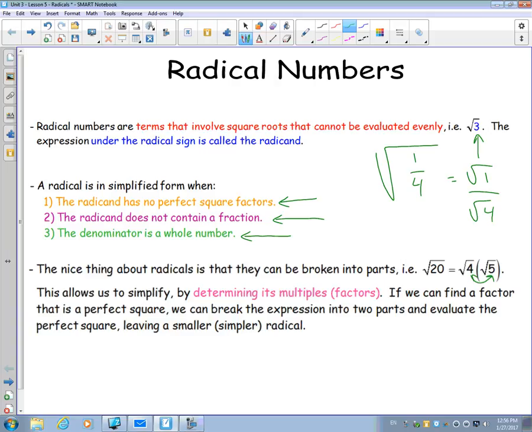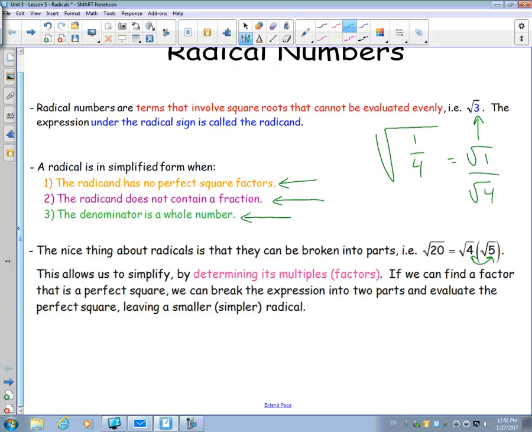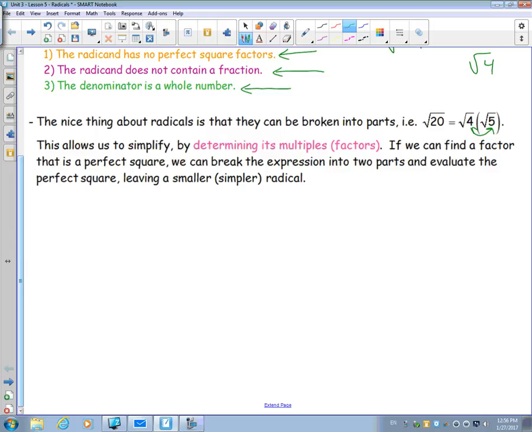Okay? We always want to try and get a perfect square and a non-perfect square, the biggest perfect square you can possibly get. So for example, root 20 could break into root 10 and root 2, but neither of those are perfect. It could break into root 20 and root 1, but there's no point because you're back at 20 again. Okay?